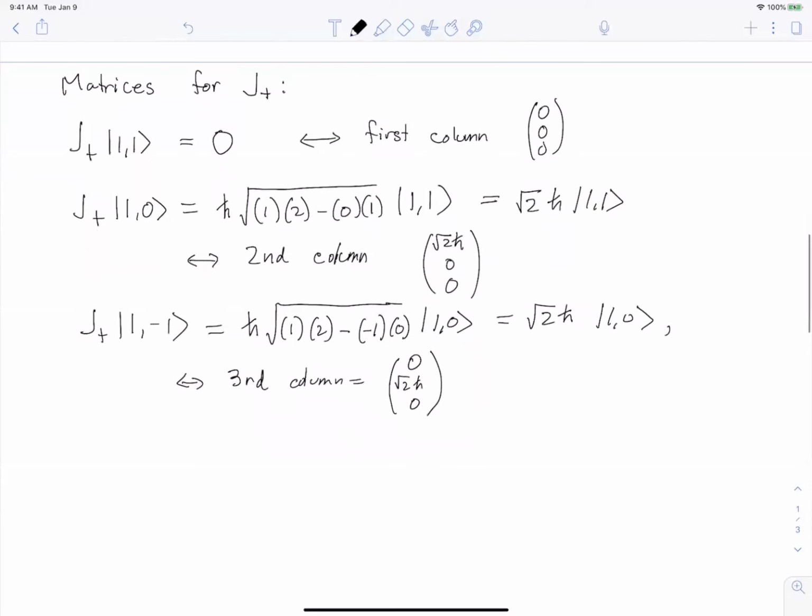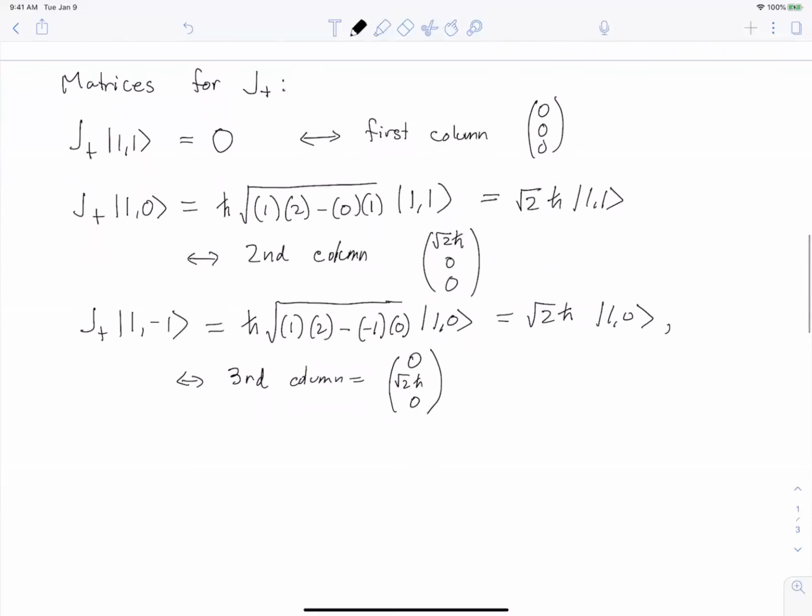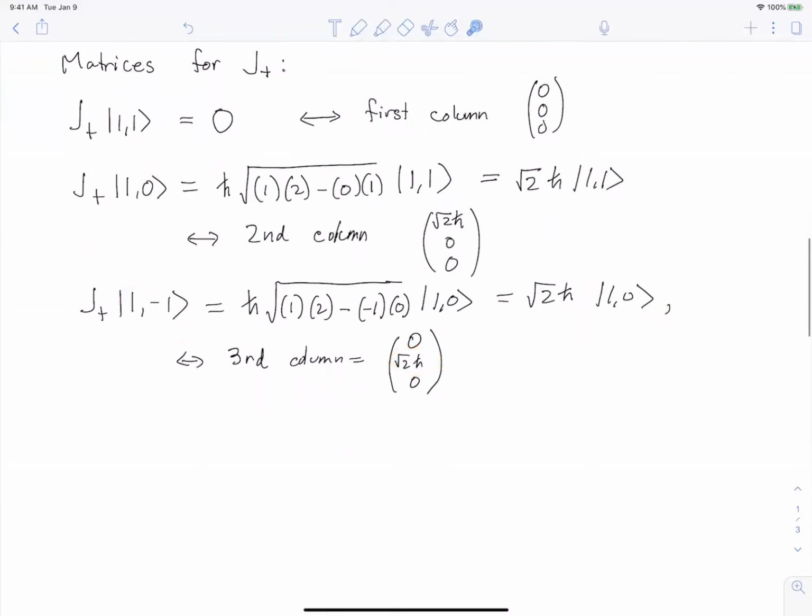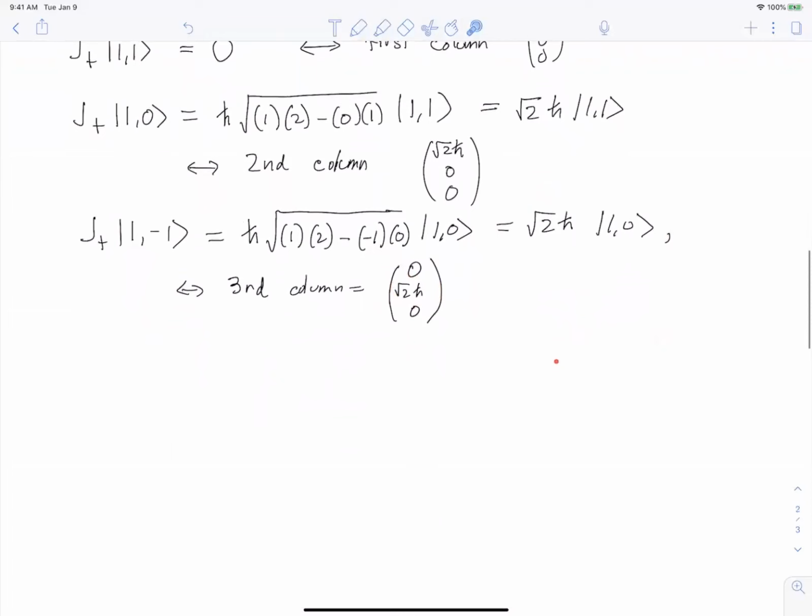The way that works is, again, because now when we act on the third of the basis kets, the only thing that's non-zero is it gives something proportional to the second one. That's why it's the middle entry here. And it's equal to square root of 2 h bar. So that's the actual value. Okay, and so we can put all of that together.